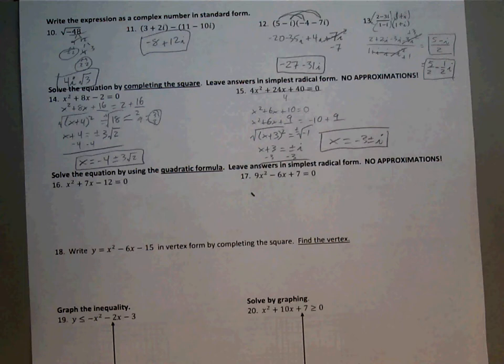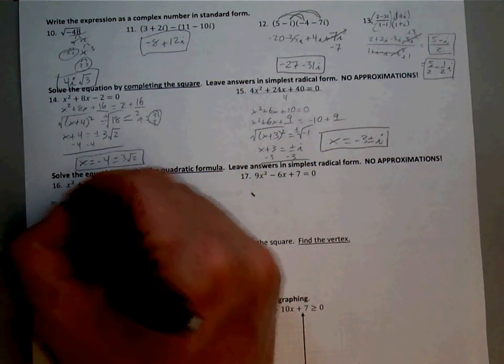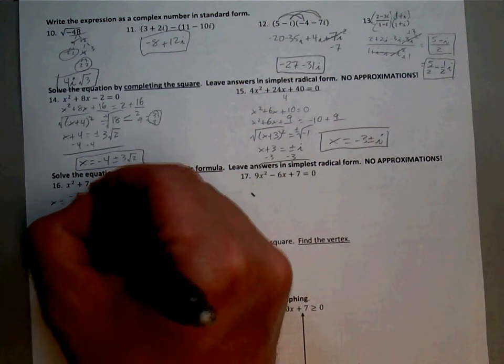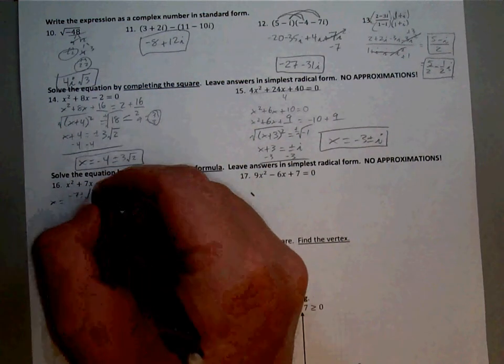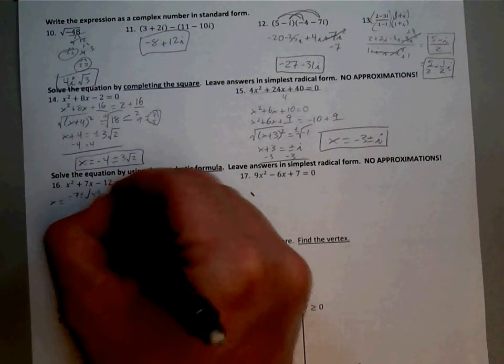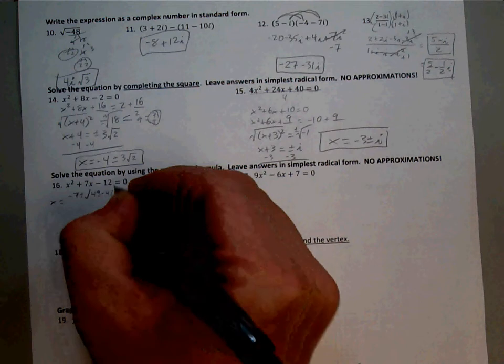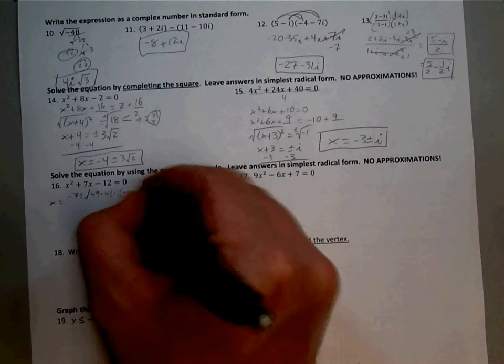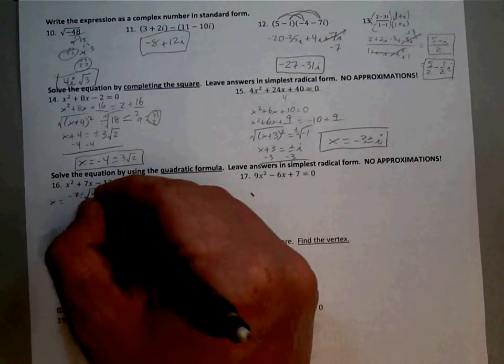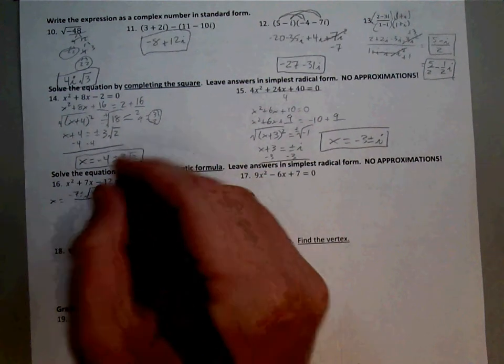Alright, number 16, quadratic formula. Negative 7 plus or minus the square root of 7 squared, which is 49, minus 4 times 1 times negative 12. It's all over 2 times 1.